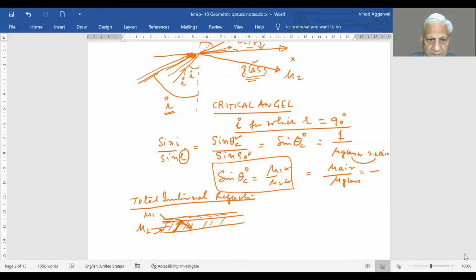Again, the same thing will happen. So it keeps happening. The light ray never escapes from the cable. Instead, it keeps reflecting over and over again and progresses this way. This is on account of total internal reflection.